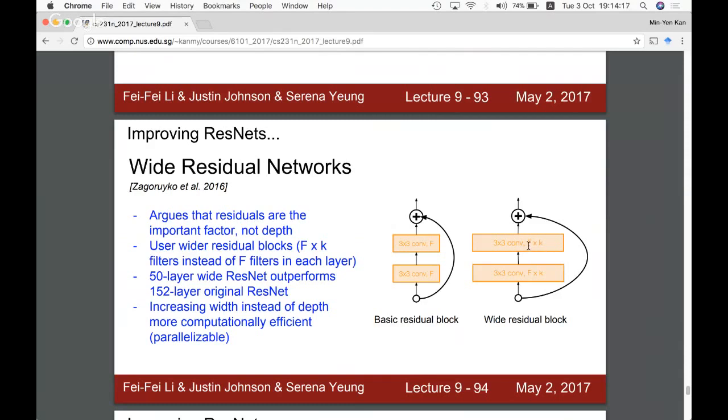Instead of having F filters, they have F times K filters, and they show that instead of 152 layers, a 50 layer wide ResNet can give better results by increasing the width. They also say that increasing the width instead of the depth is more computationally efficient, since you can do these parallel operations on a wider residual block.